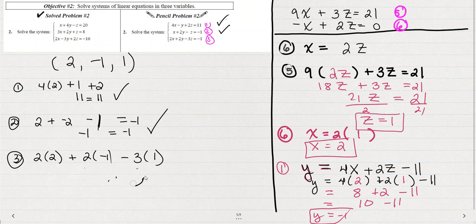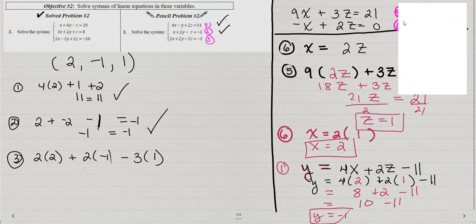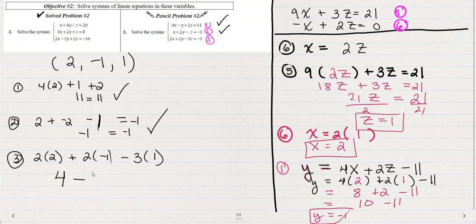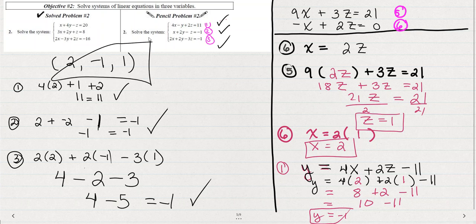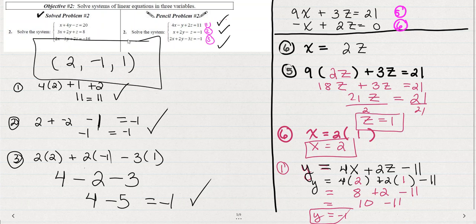I think I'm going to have to write a little more slowly because the pen is having a hard time keeping up. So we'd have 2 times 2 is 4, minus 2, minus 3. So 4 minus 5, negative 1. So it looks like it checks out for the third equation. So our solution is x equals 2, y equals negative 1, z equals 1.